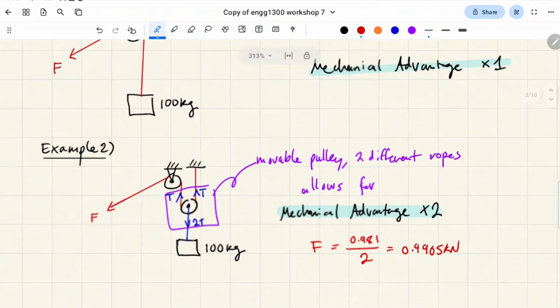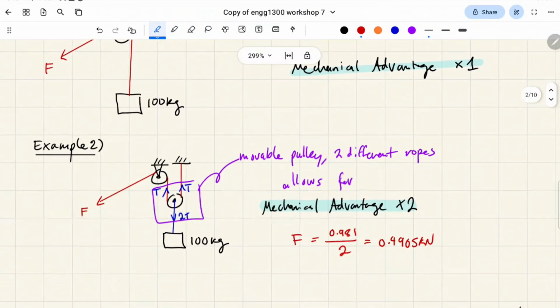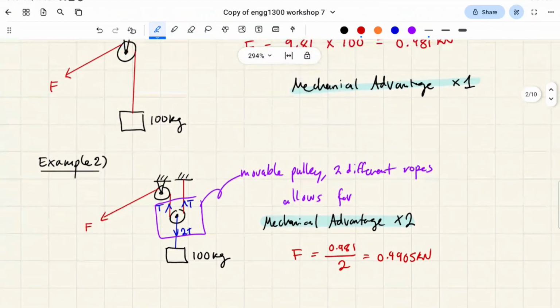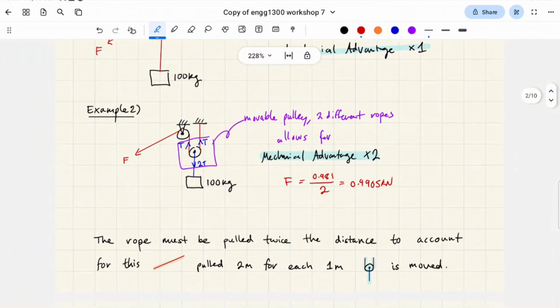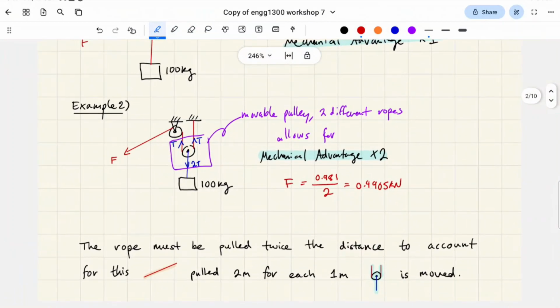So in terms of some sort of conservation, how can this be possible? Well, it's because we have to trade off displacement. So essentially, the rope must be pulled twice the distance.